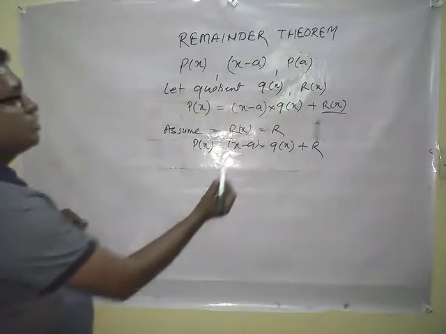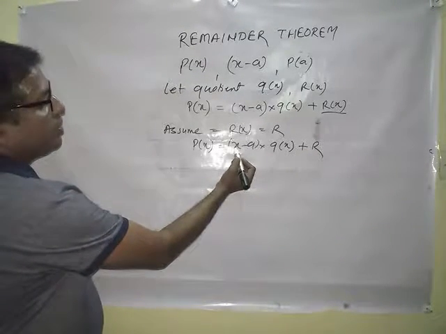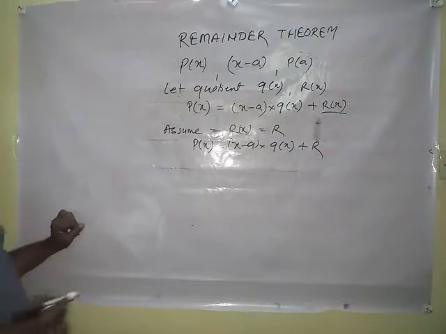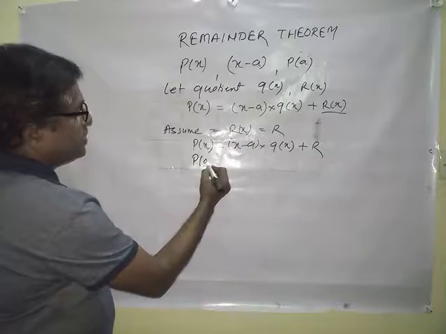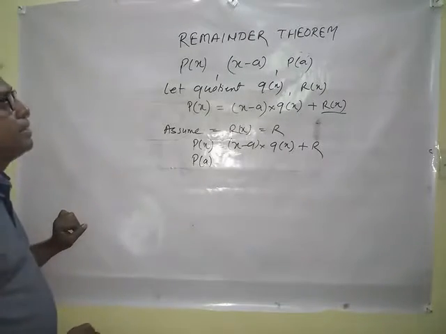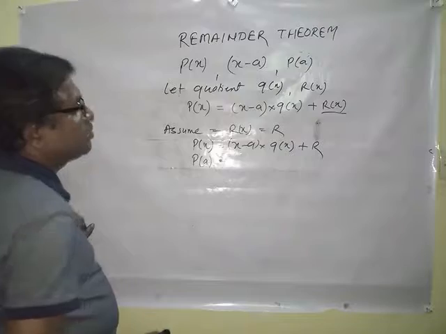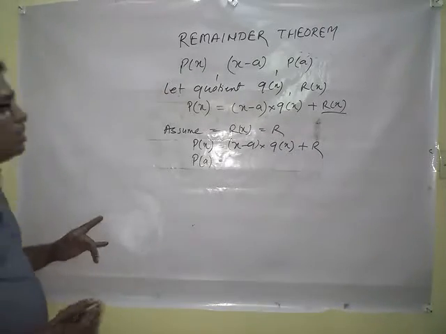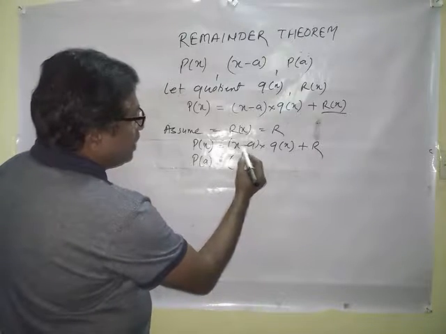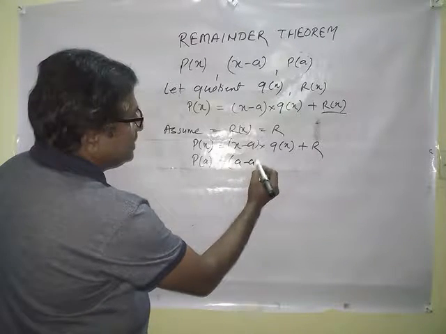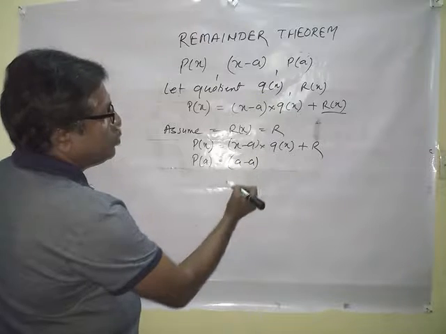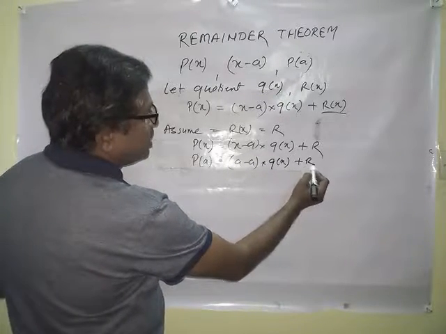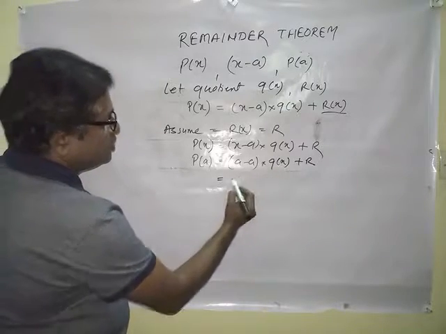Now here you apply the value x is equal to a and find out what comes. So P(a) is equal to (a minus a) multiplied by q(a) plus R. So this will become 0.